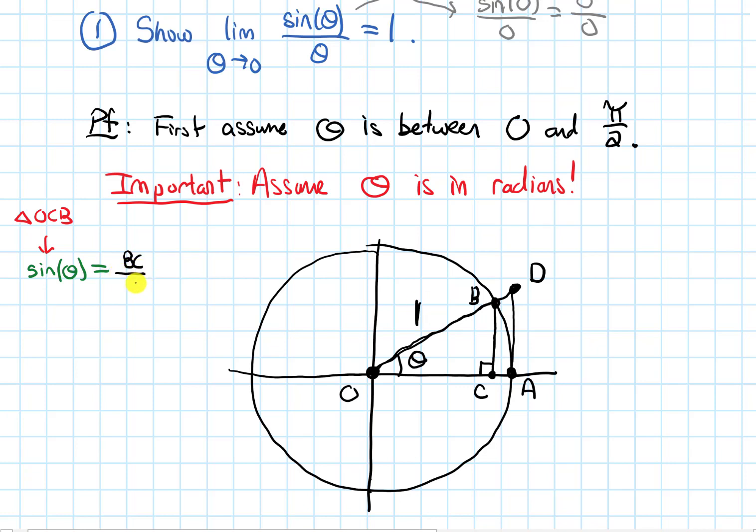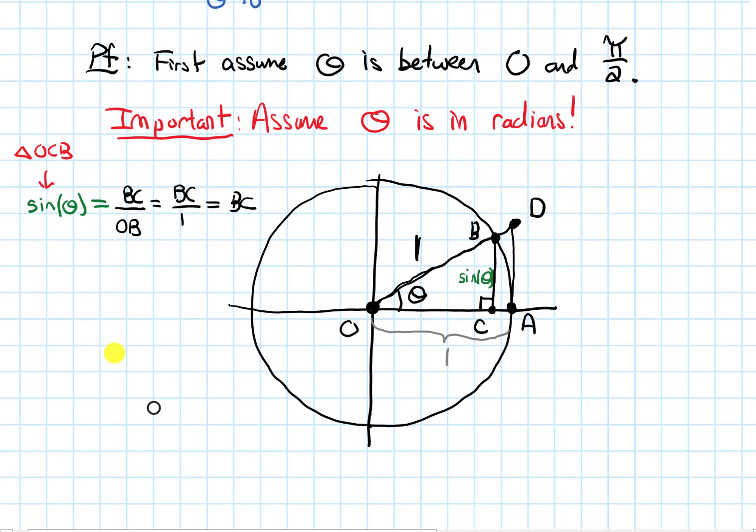Sine of theta would be BC over that radius, over OB. So that's going to be BC over 1, which is just BC. So that vertical length, BC, should be sine of theta. The length from O to A is also just the radius of the circle. That's also going to be 1.